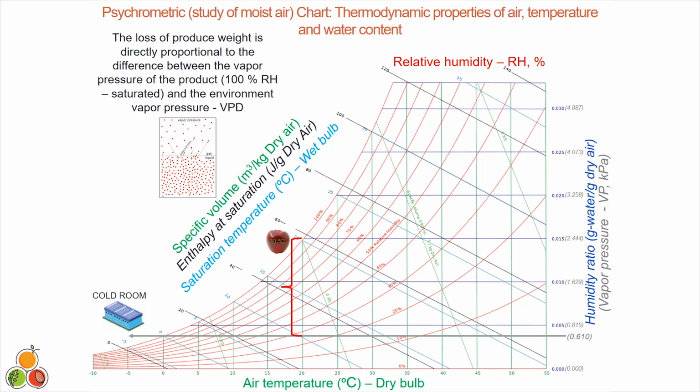And our product, if we place an apple at 20 degrees Celsius, eventually that apple is going to equilibrate with the cold room. So the loss in water is equivalent to that bar. That's where the fruit is, 100% relative humidity. The cold room could be at 100% relative humidity at around 0 degrees Celsius, which is here, and we're still going to lose all that water.